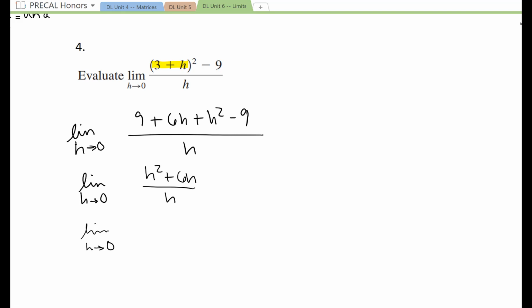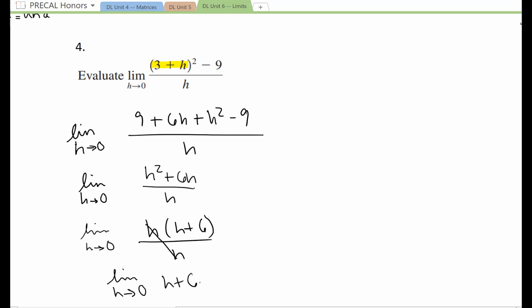Now every term has an h, and we can factor out that h. Those h's reduce to 1. The limit as h approaches 0 of h plus 6, now we can use direct substitution. 0 plus 6 is 6.